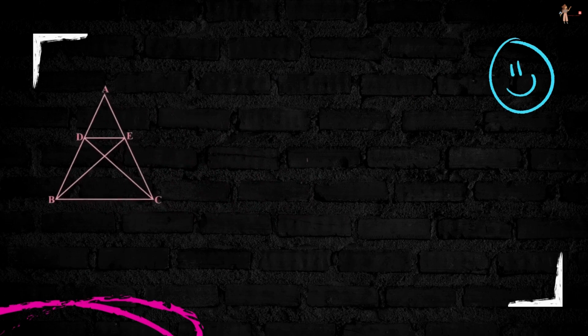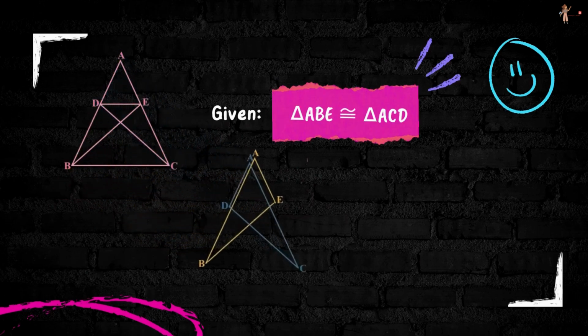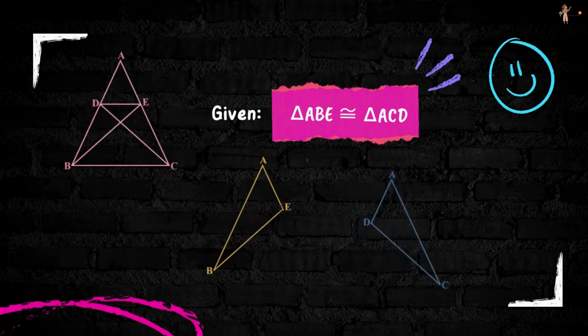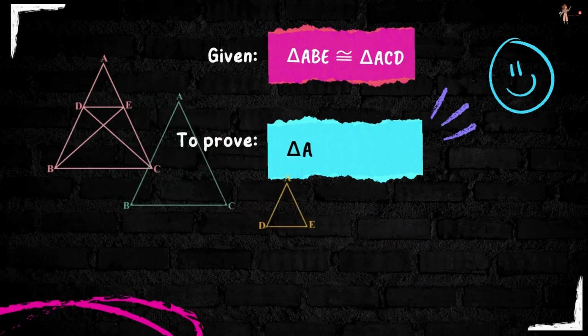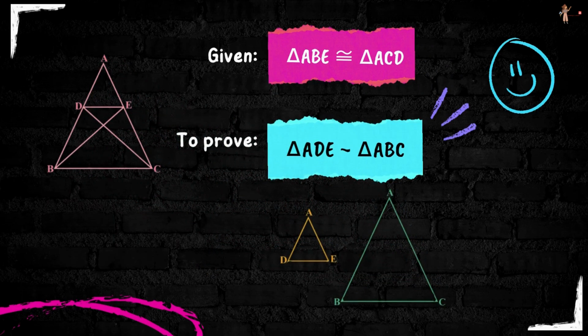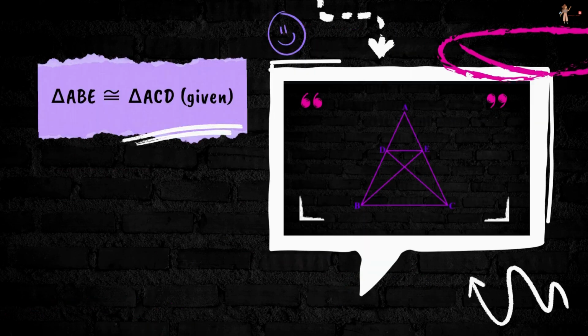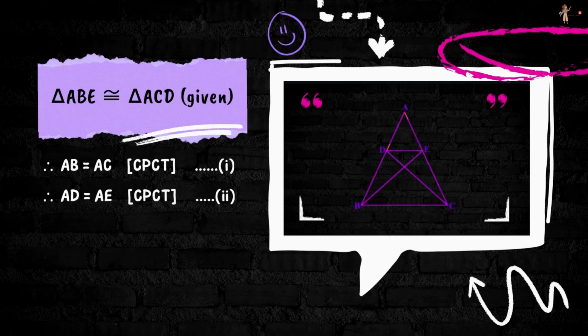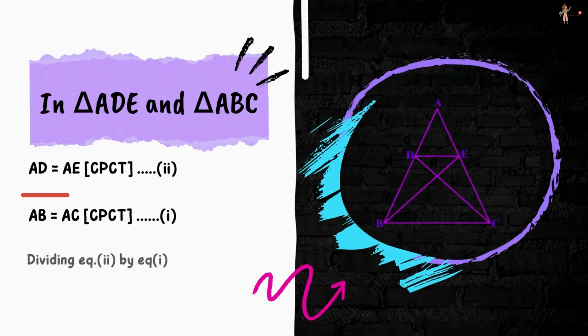In the figure, if triangle ABE is congruent to triangle ACD, show that triangle ADE is similar to triangle ABC. We are given that triangle ABE is congruent to triangle ACD. Therefore, AB is equal to AC by CPCT and AD is equal to AE also by CPCT.